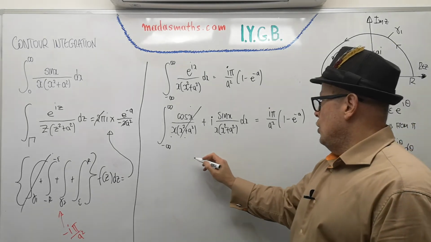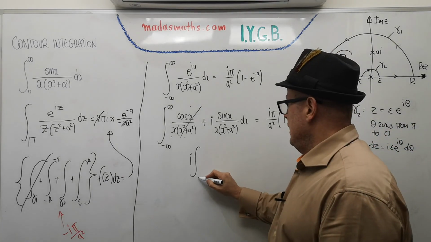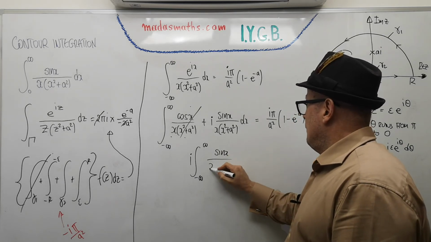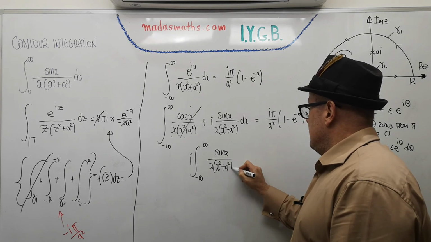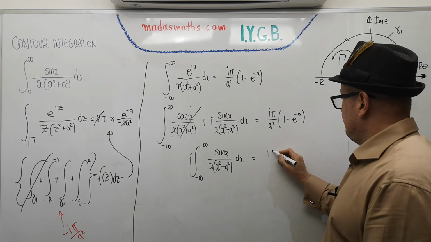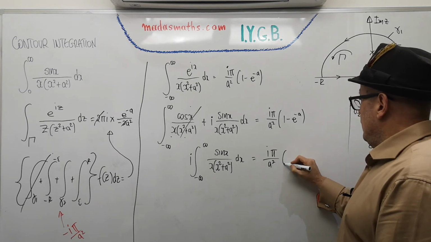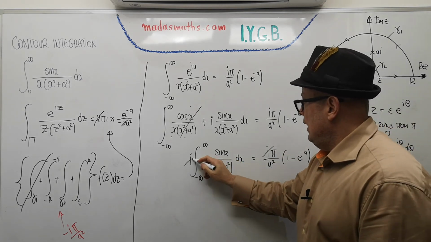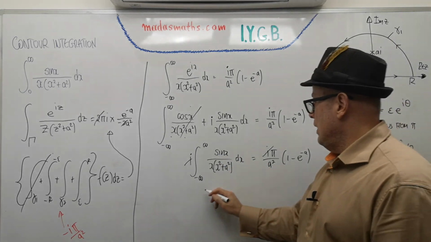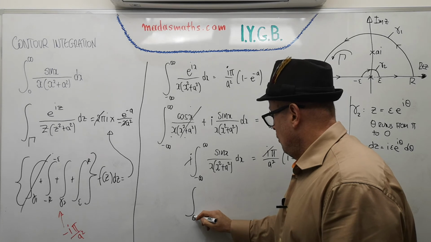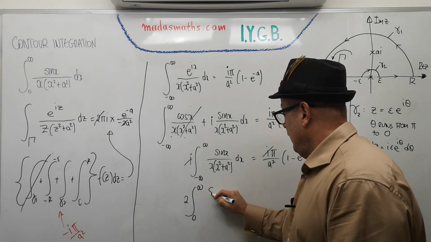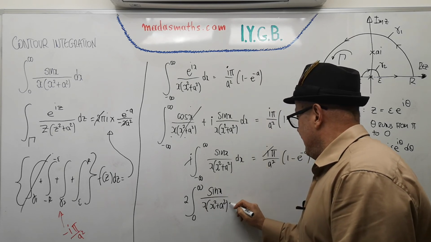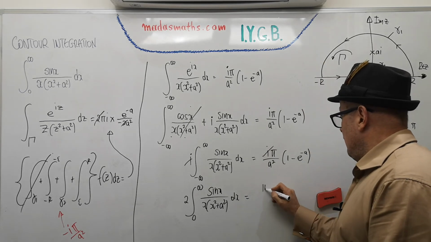And we conclude basically that, I'm going to pull the i outside the integral, minus infinity to infinity sine x over x squared plus a squared dx is equal to i pi over a squared times 1 minus this, and of course the i's we can now throw away, and this is an even integrand, so we can actually say 2 lots of my integral sine x over x squared plus a squared dx is going to be that.